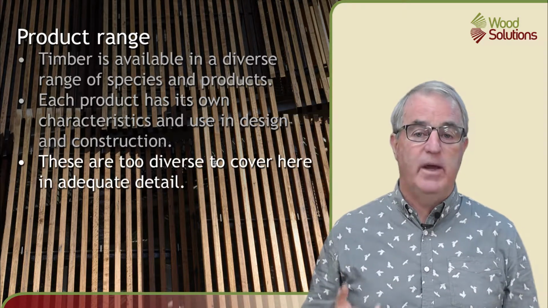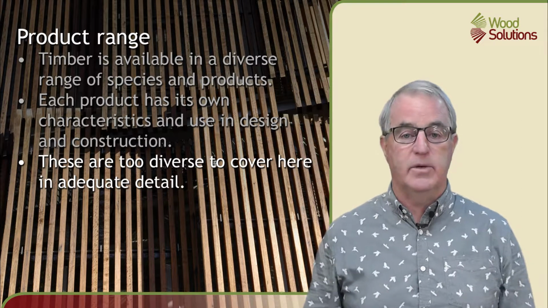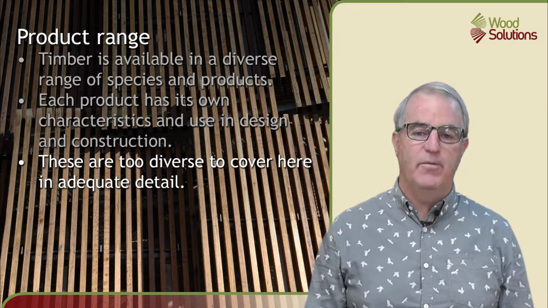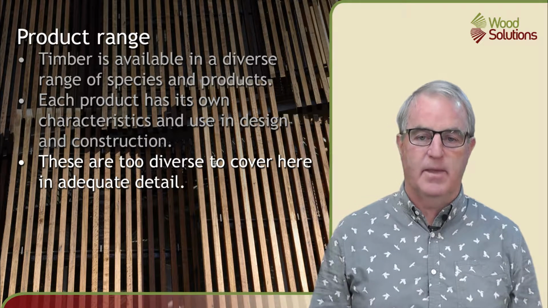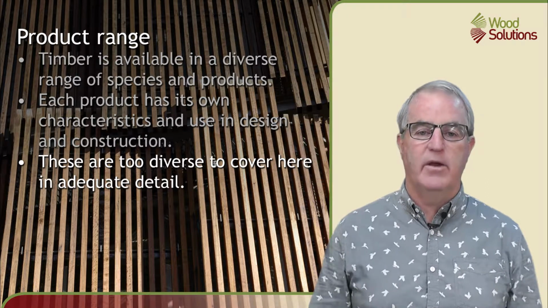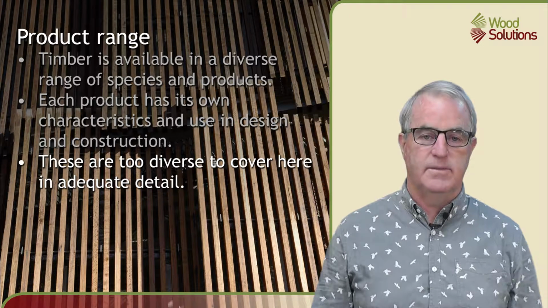There are simply too many diverse timbers and wood products available to cover all of them here in adequate detail. More information is available in the Wood Solutions campus course on timber and wood products. This presentation can only cover the general principles, and there will always be exceptions.